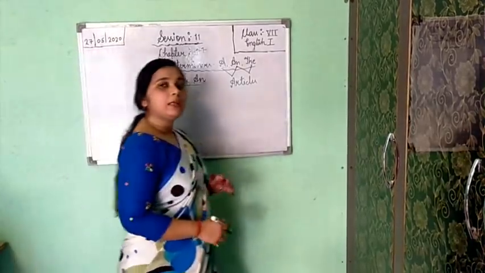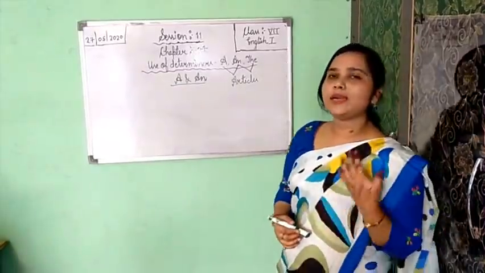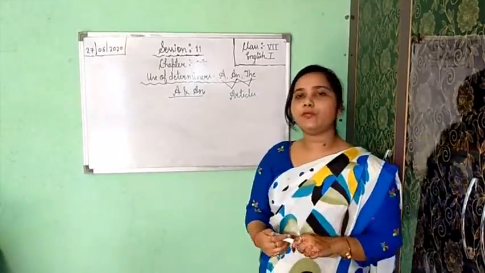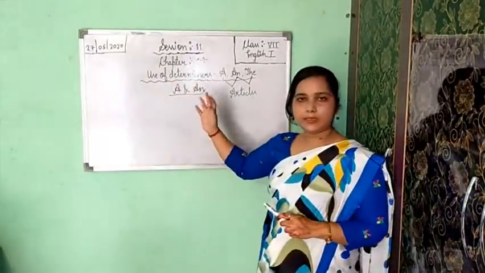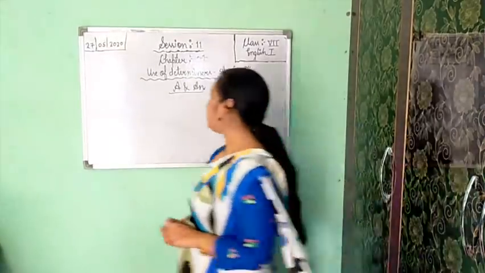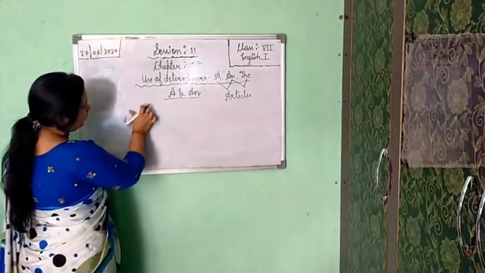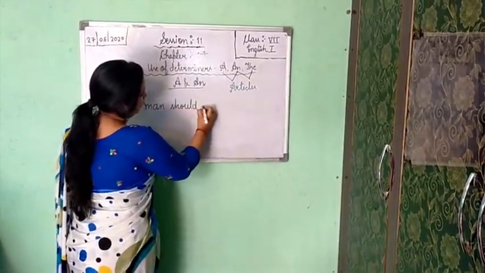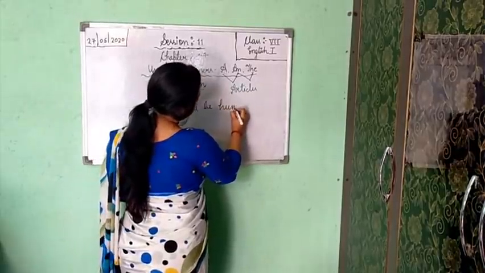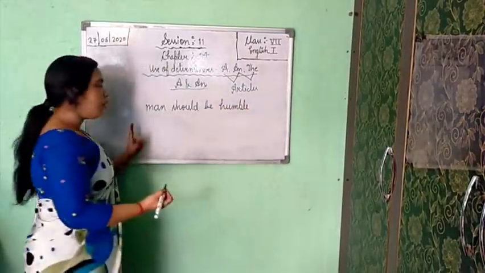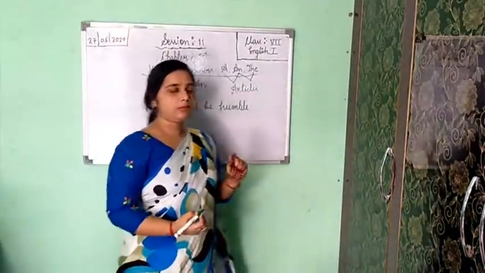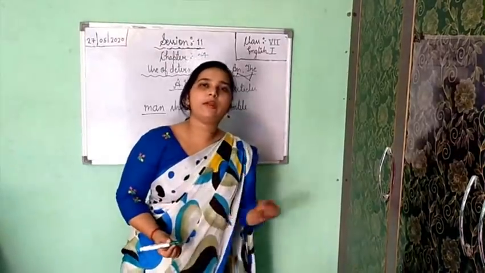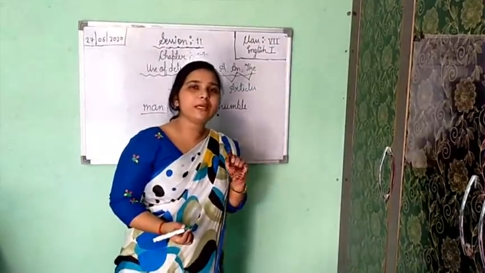Now the next point is, when the person is spoken of as a representative of a class, or the thing is spoken of as a representative of a class, that time too you will apply the indefinite determiner whether a or an. For example, a man should be humble. Now see, man should be humble. So here man is representing that each and every person should be humble.